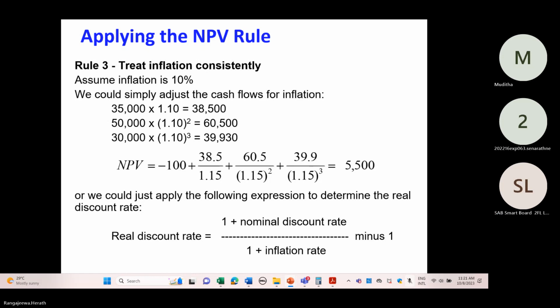This is what occurred in year 2, inflation adjusted, divided by 1.1 to the power 2. So you multiply 50,000 by 1.1 to the power 2, and the nominal cash flow is 60,500. Third year, 30,000 with 1.1 to the power 3 gives 39,930.